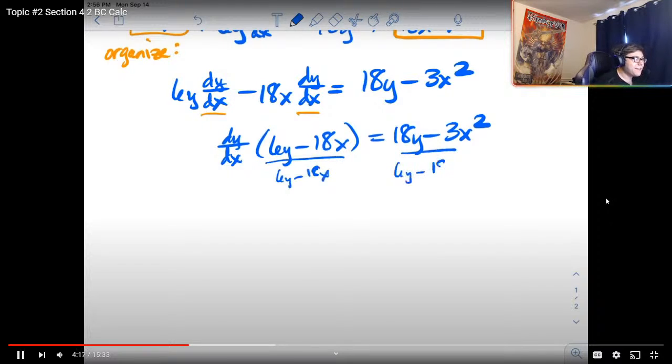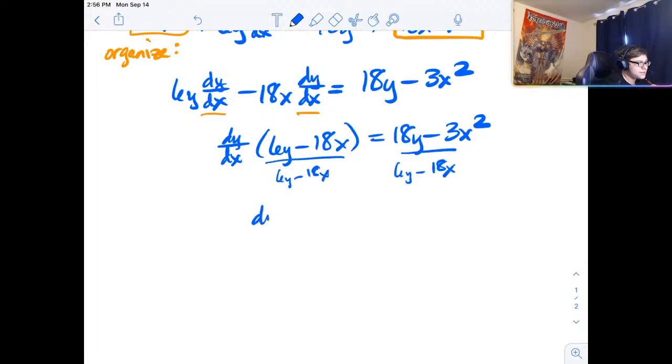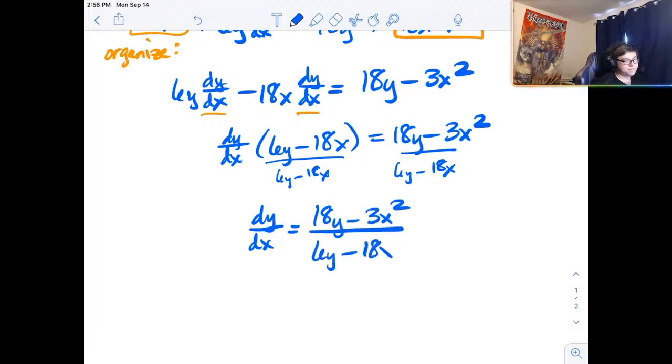I think we finally wind up with our final answer here. You can't do anything because it's a multiple. 18y minus 3x squared, and that's our slope, over 6y minus 18x. This is a slope for a non-function. The last thing I would like to say is that each of these coefficients can be reduced by 3.